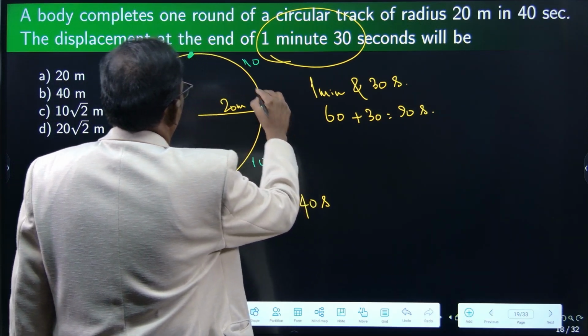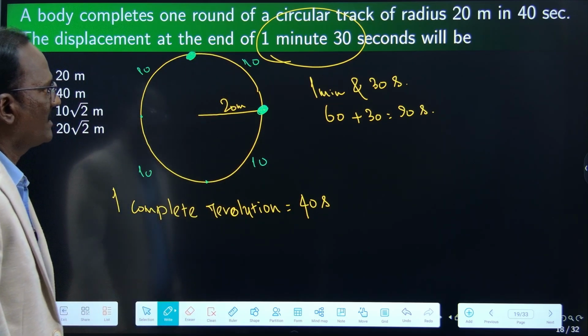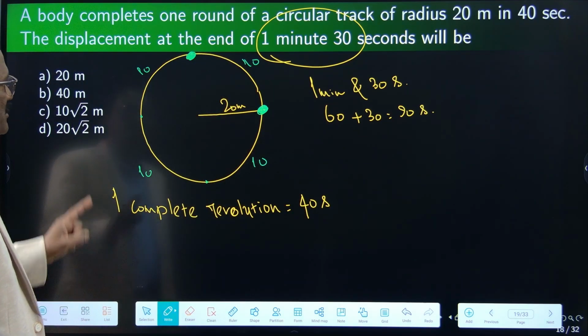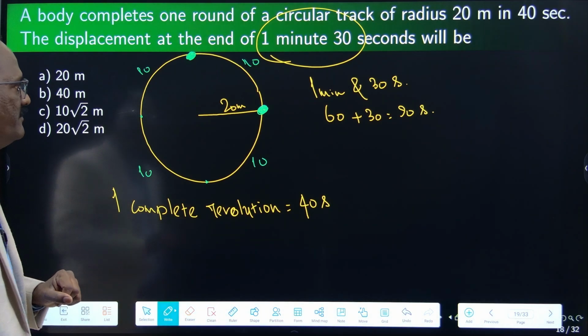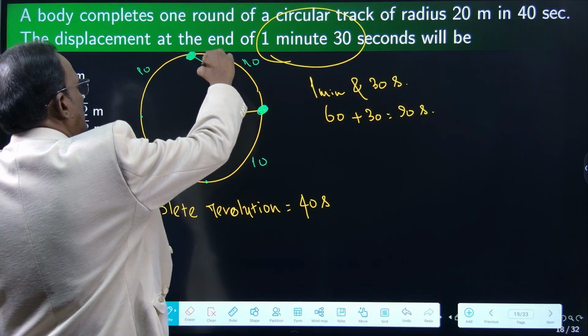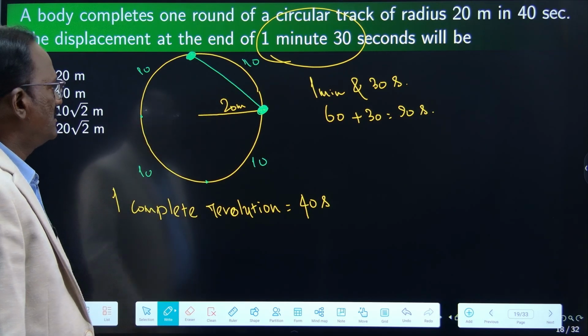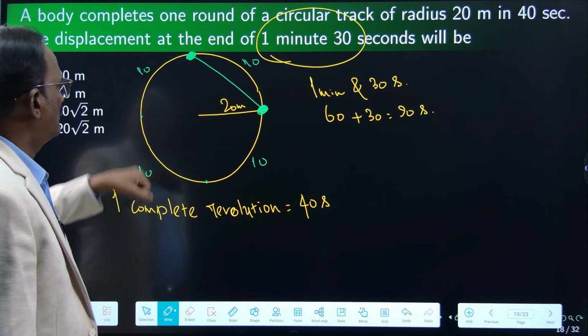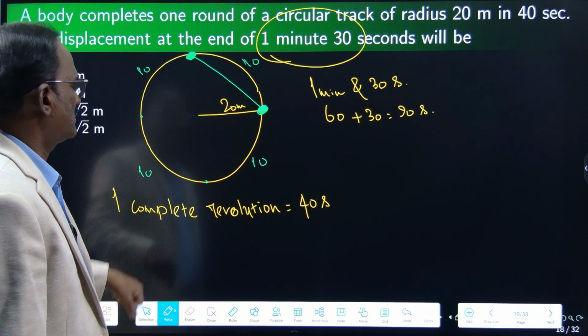This is the starting place, this is the ending place. The displacement is in question. For displacement, we must join the starting place and the ending place. It is not the calculation of the distance, right?